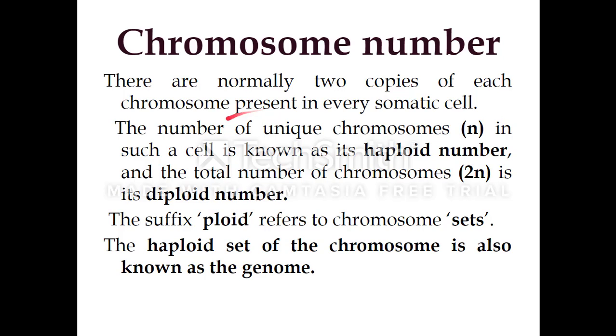The number of unique chromosomes, small n, in such a cell is known as its haploid number, and the total number of chromosomes, represented by 2n, is its diploid number. Haploid represents the single set of chromosomes, whereas diploid represents both sets, 2 copies of the chromosomes. The suffix ploid refers to chromosome sets.